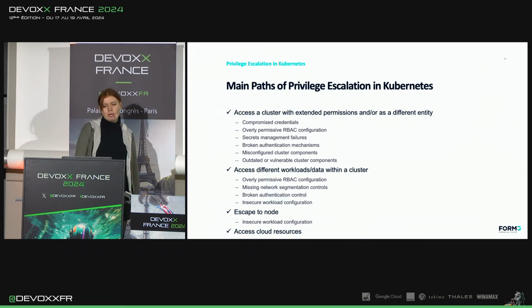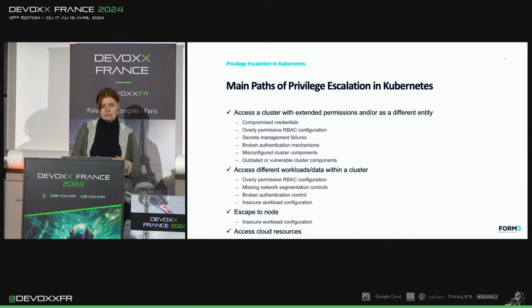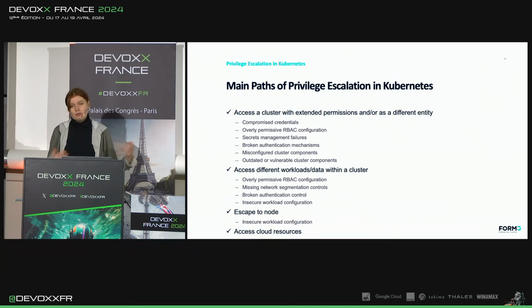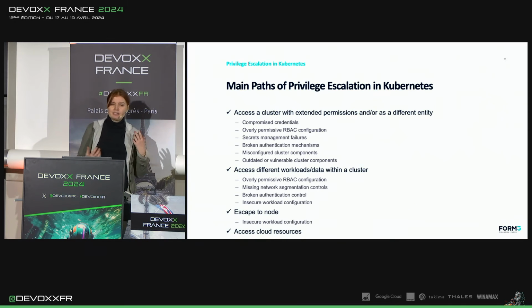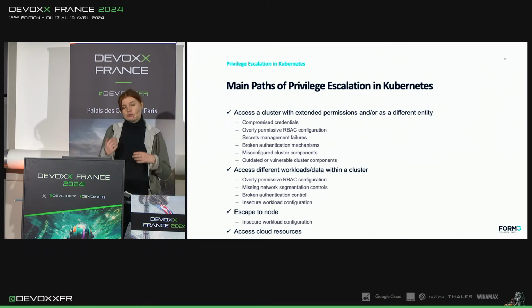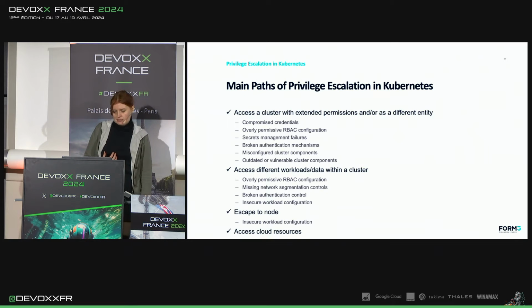When it comes to main paths of privilege escalation, when it comes to accessing a cluster with extended permissions or different entities, it's all about compromised credentials, misconfigured RBAC permissions, secret management failures, broken authentication mechanisms, misconfigured cluster components, or outdated or vulnerable cluster components. So you see in how many ways we can access a cluster in an unauthorized way.